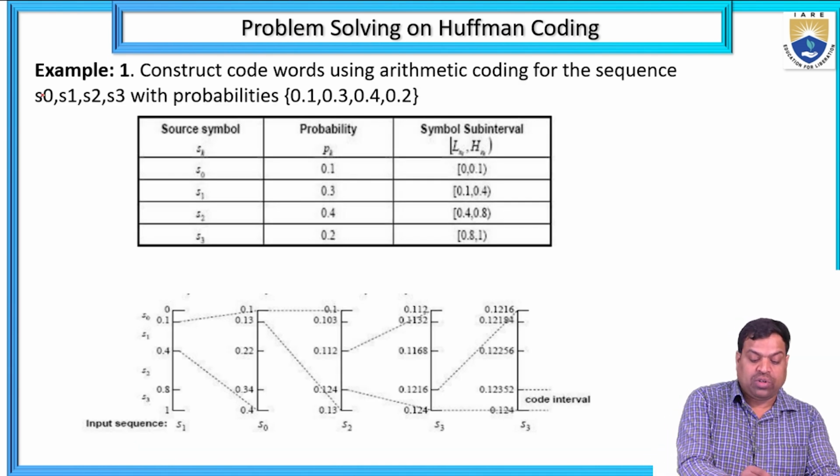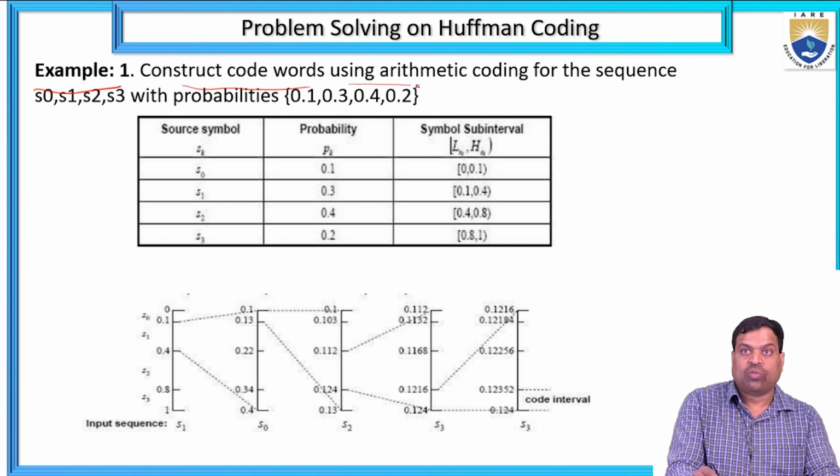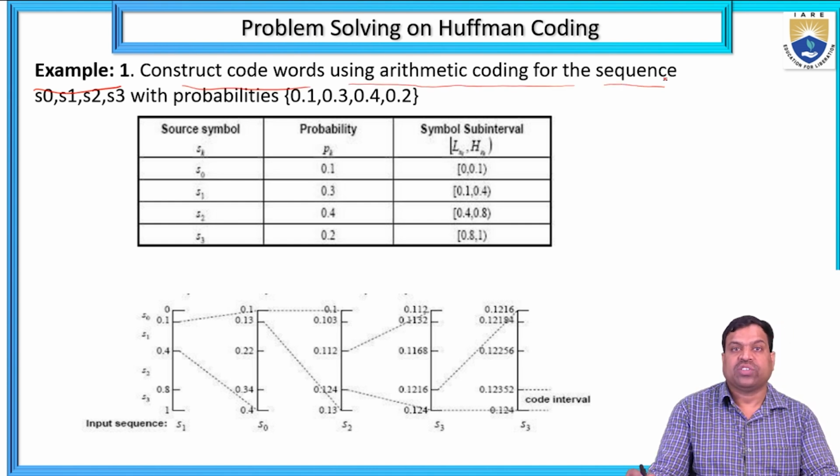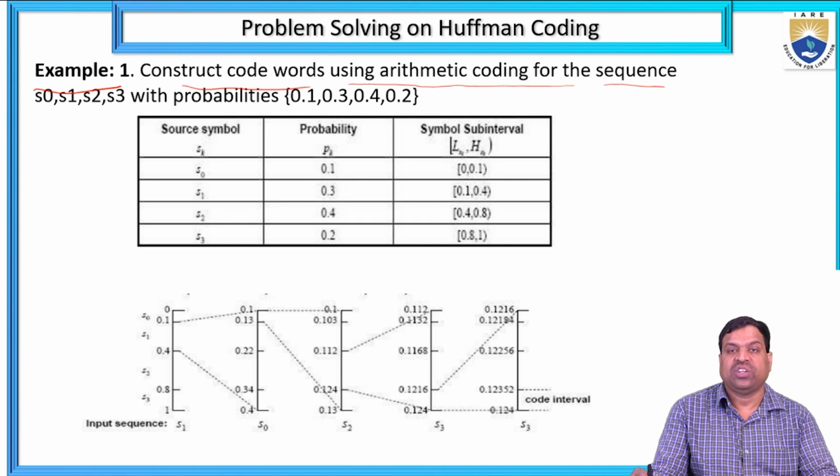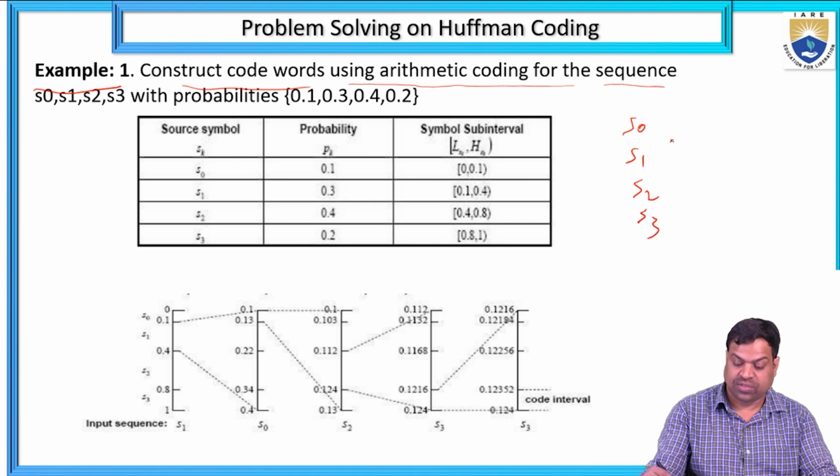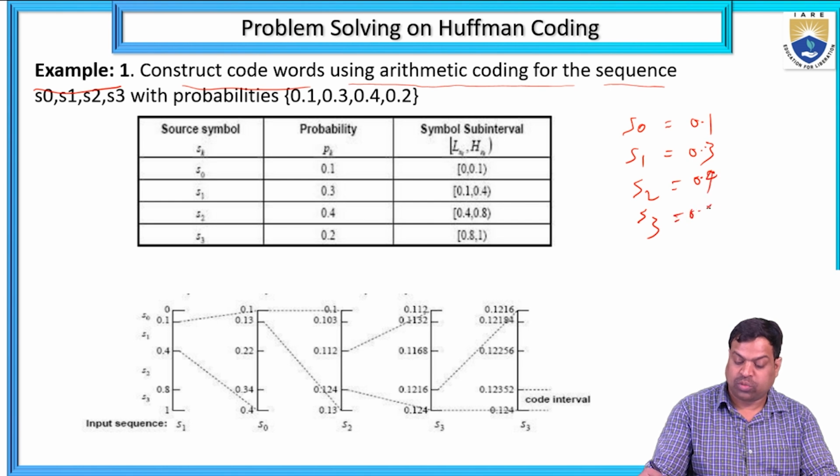So example 1: construct code word using arithmetic coding for the sequence S0, S1, S2, S3 with the probabilities 0.1, 0.3, 0.4, 0.2.